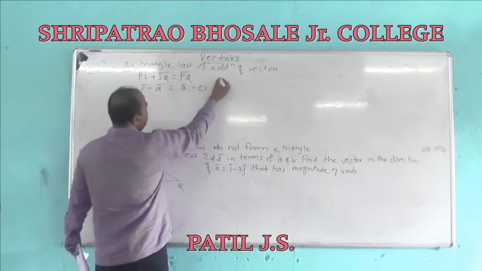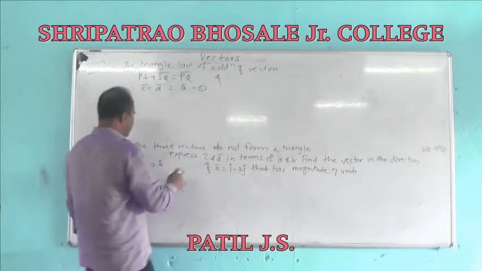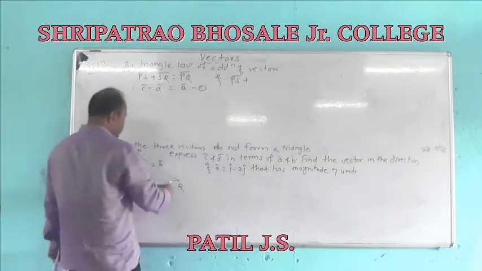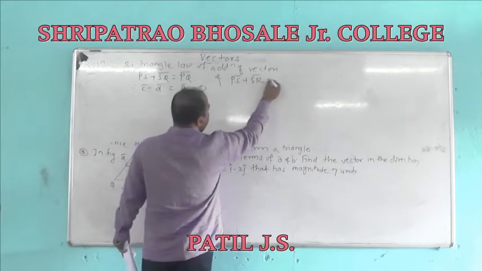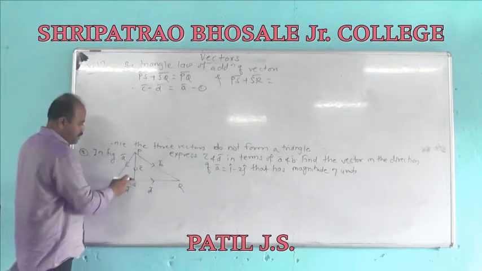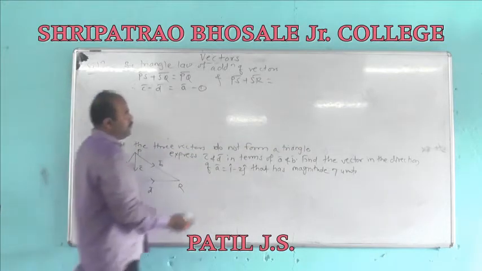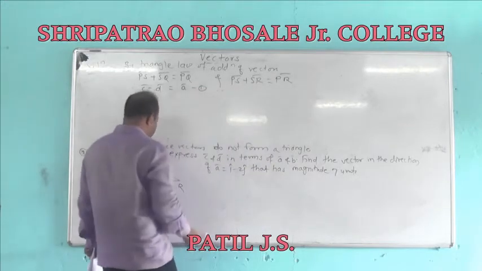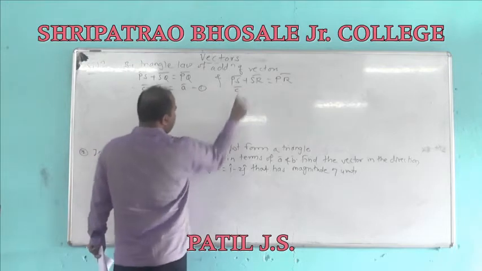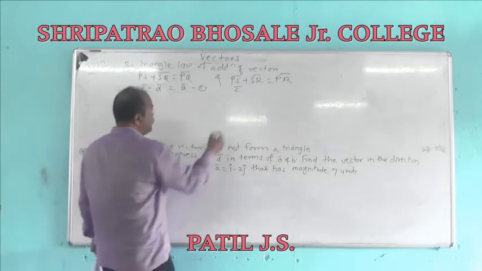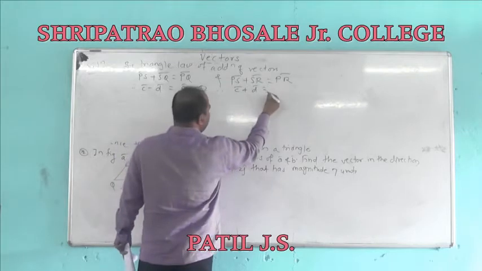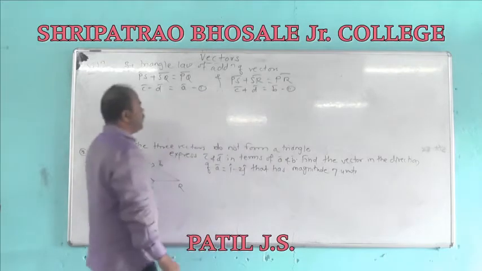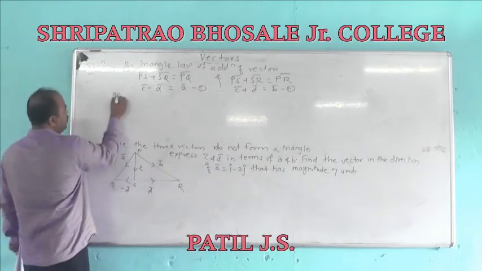This is equation 1. Next, PS plus SR is equal to PR. PS means C bar, SR means D bar, is equal to B bar. This is equation 2.